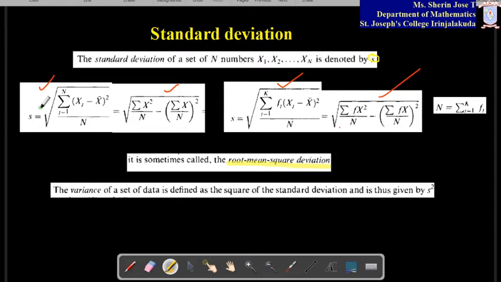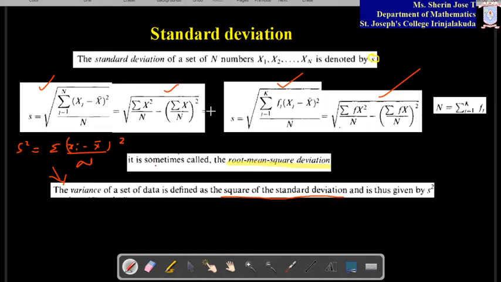Now when you take s square, what will happen? It will become sigma (xi minus x bar) whole square divided by n. So this is called variance. Variance of a set of data is defined as the square of the standard deviation and is given by s square.